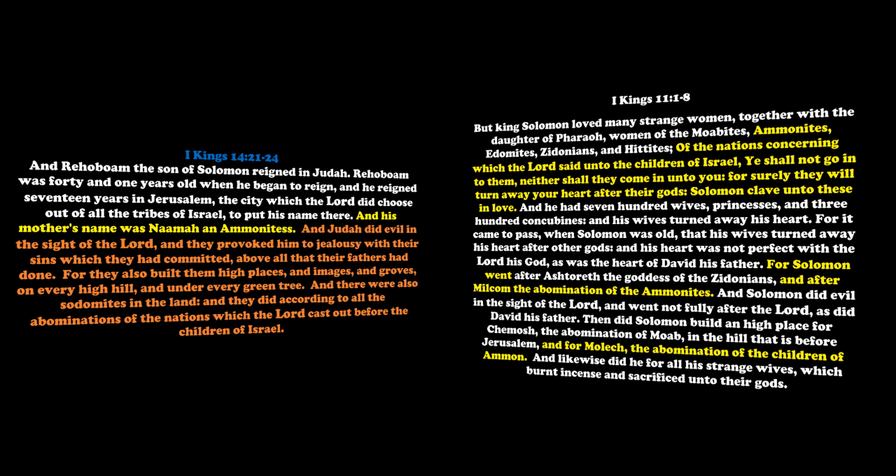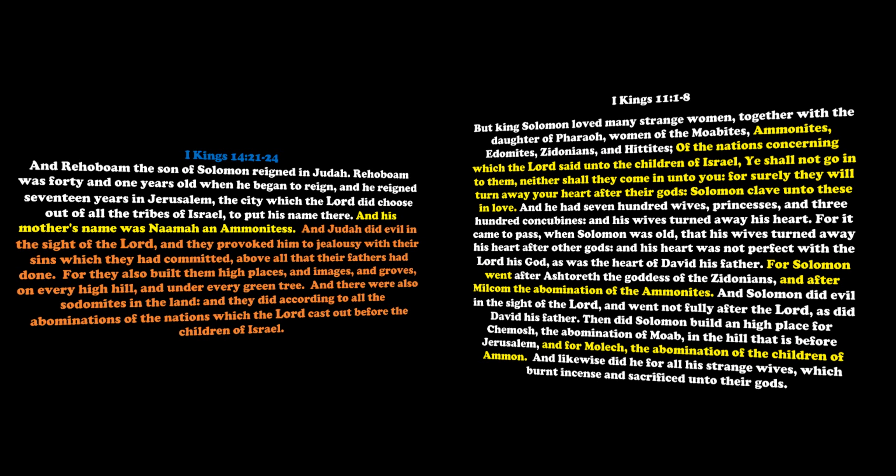And it tells us that Solomon did evil in the sight of the Lord, and he worshipped the god Molech, the abomination of the children of Ammon. So his Ammonite wives caused him to worship this false god Molech. And now we go down to Rehoboam, who was the next king, the most powerful man in Israel after Solomon. Rehoboam took over the kingdom, and it says his mother was Naamah, an Ammonitess.